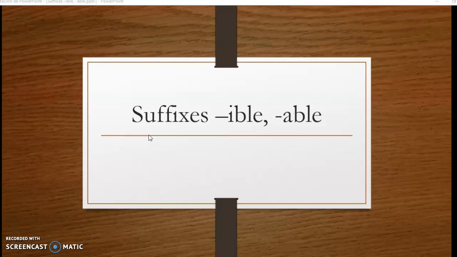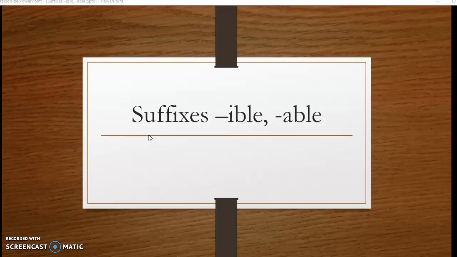If you remember, they go at the beginning of the word and they add a slight change to the meaning, or they can change the meaning of the word completely. For example, if we have the word possible, something that I cannot do would be impossible. So I used here the prefix im.